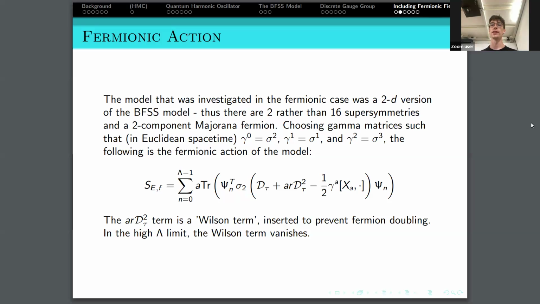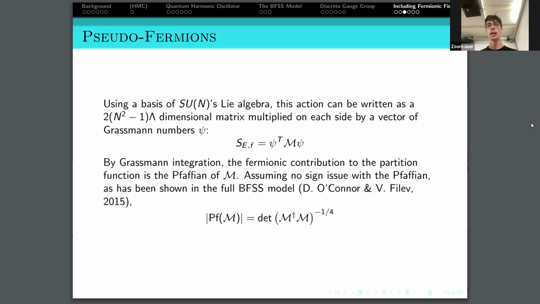So we put in this Wilson term to get rid of those solutions, and in the lambda goes to infinity limit, that Wilson term is 0. So that's a nice way of solving that problem.